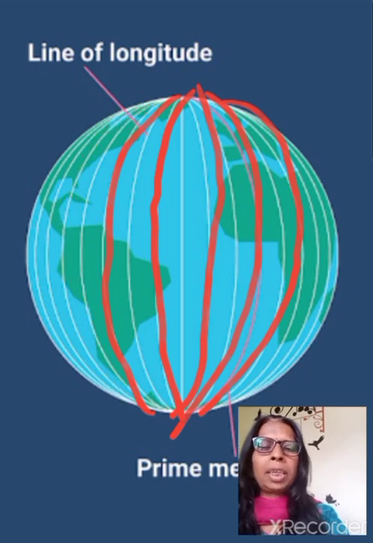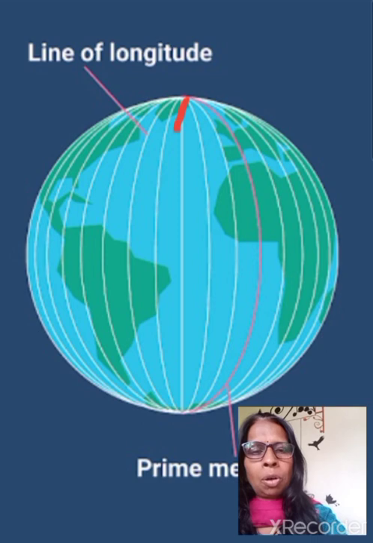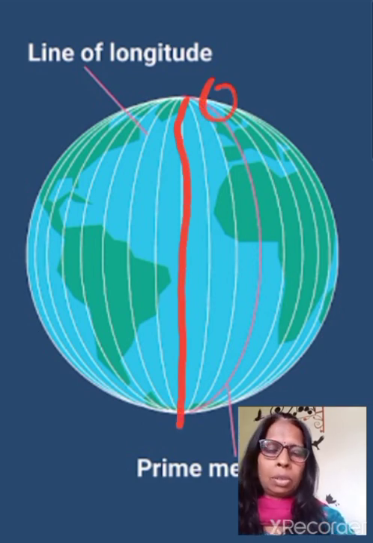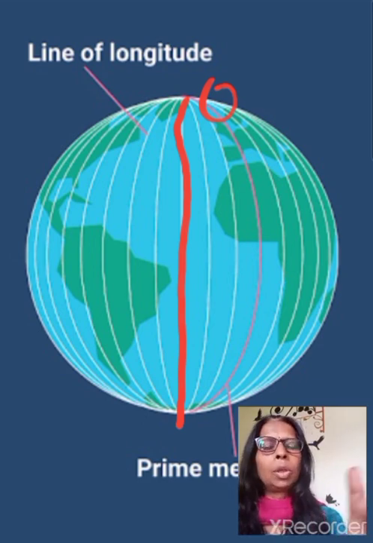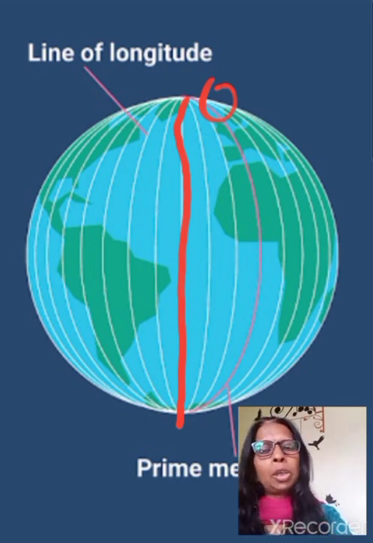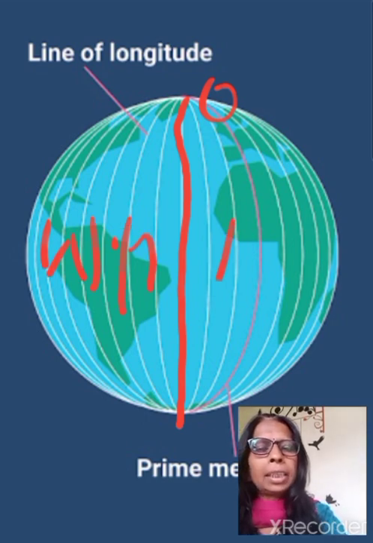Then how many degrees of longitudes? And the one longitude which is at 0 degrees, what is it called? We studied that in latitudes at 0 degrees we had the equator that divided the earth into two halves. Now this 0 degrees of longitude divides the earth into the western hemisphere and the eastern hemisphere.